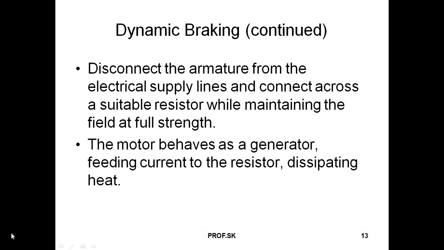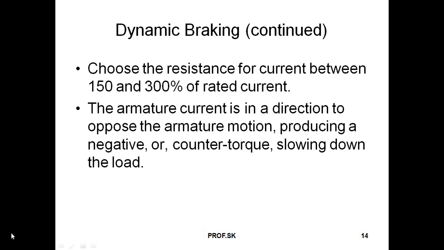The motor behaves as a generator, feeding current to the resistor, dissipating heat. Choose the resistance for current between 150 and 300 percent of rated current. The armature current is in the direction to oppose the armature motion, producing a negative or counter torque, slowing down the load.